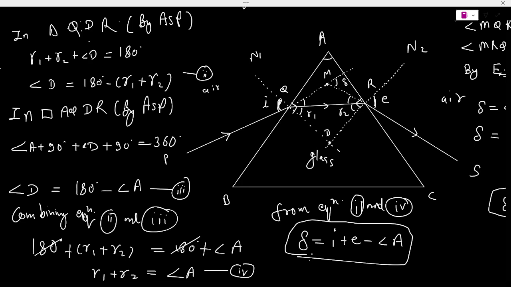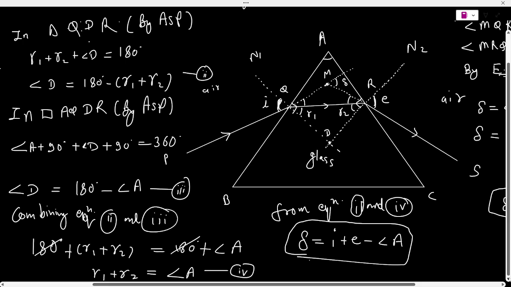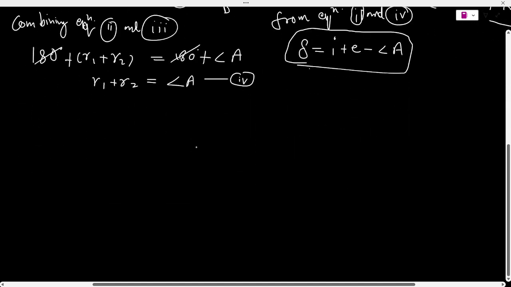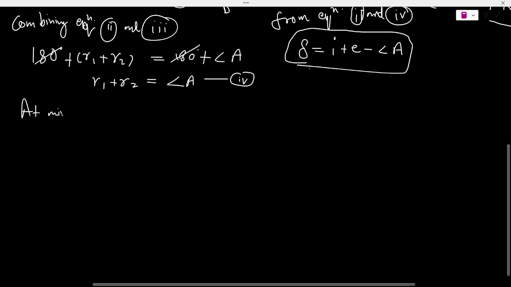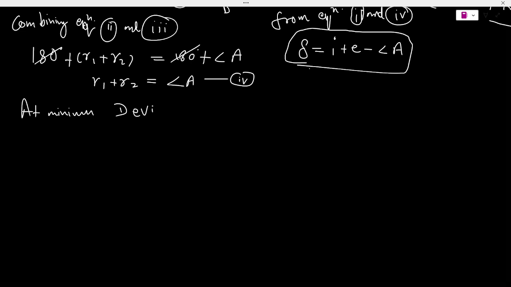And now what we have to do next, now we can also find the condition for minimum deviation. So for minimum deviation in the prism, at minimum deviation, R1 is equal to R2.